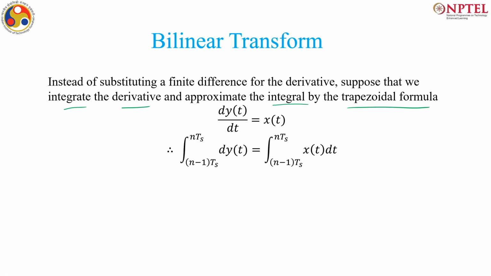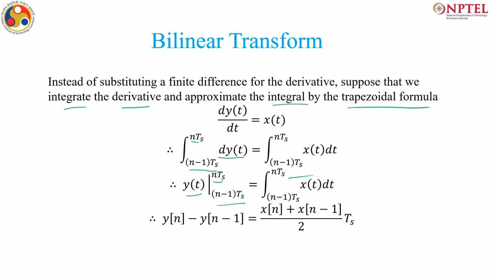If we do integration of this and we take one sample duration, that is n minus 1 Ts to n Ts, and the same we do for the right side. On the left side, dy will be y, and the limits will be n minus 1 Ts to n Ts, and on the right side we will evaluate this integration using the trapezoidal rule.